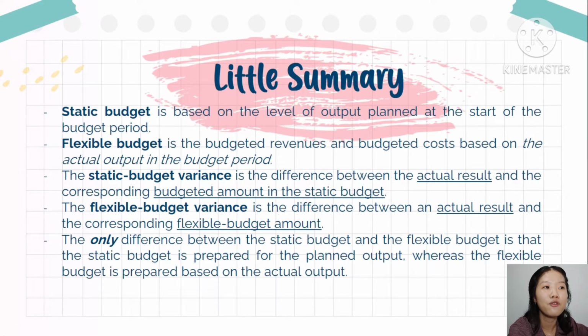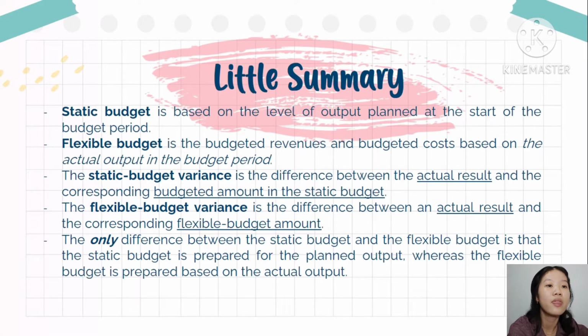I think before we go into the calculation, I will give you a little summary for this chapter. The static budget is based on the level of output planned at the start of the budget period. The flexible budget is the budgeted revenues and budgeted costs based on the actual output in the budget period.